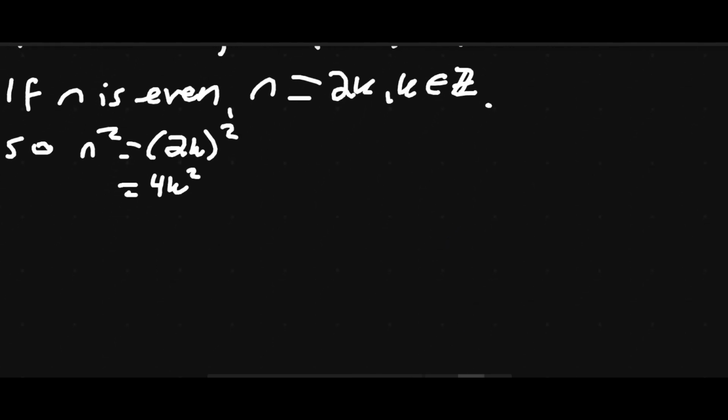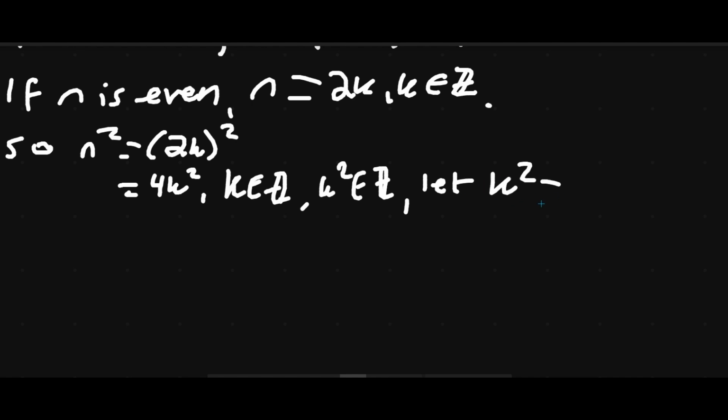And now what we're going to say is k is an integer. We said that. So k squared is an integer. And we're going to say let k squared equal L, where L is an integer. This just makes it a bit more obvious what we're doing.